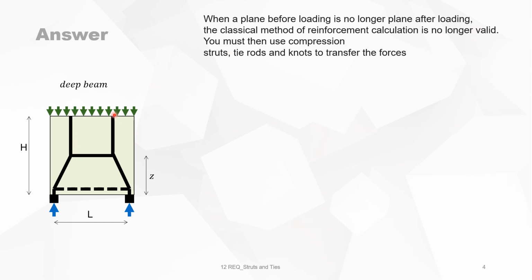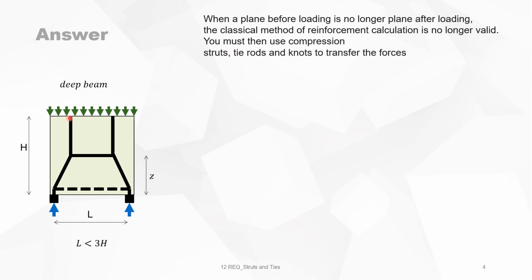So those 2 compression threads come together, and then they will find the support, and it's 2 inclined compression struts. When they come close to each other, you have another compression strut. When they are diverging, you have a tension rod or a tension knot.